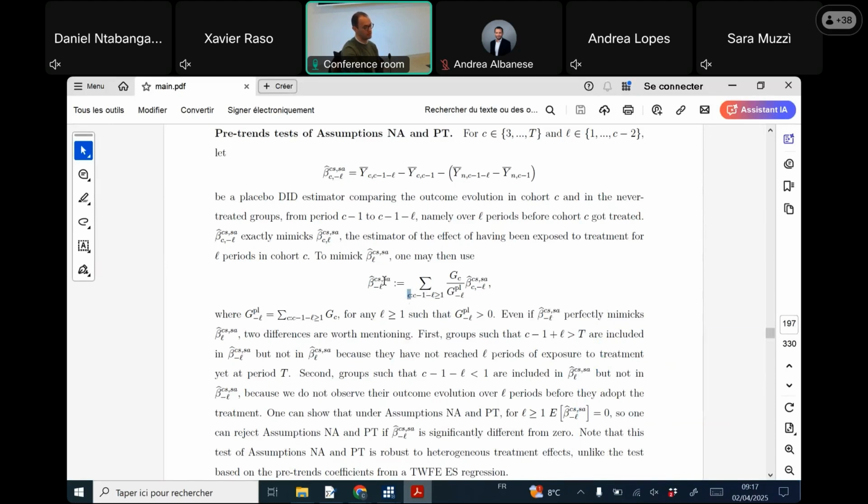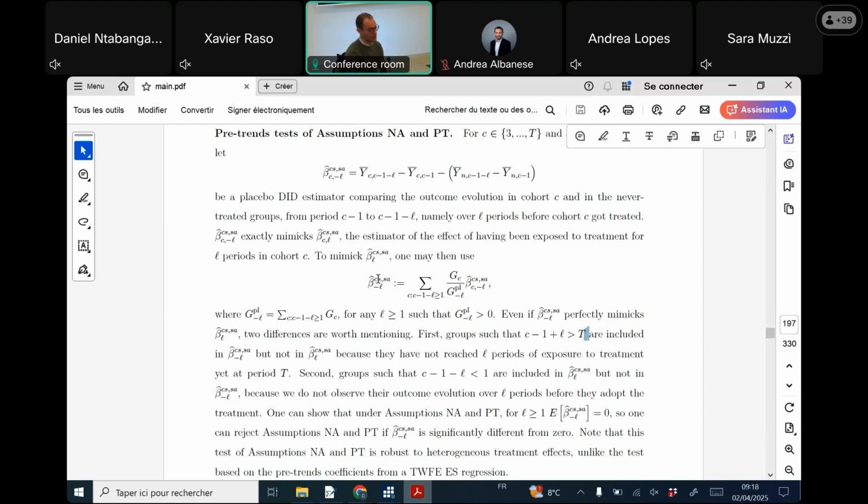So the only difference between the actual event study estimator and the pre-trends one is that we have compositional changes. We don't have exactly the same groups included in the event study estimator and in the pre-trends estimator, because you're going to have groups that reach their L-th period of exposure to treatment after period T that cannot be included in the actual event study estimator because you don't observe them after L periods of exposure to treatment, but they might be included in the placebo estimator.